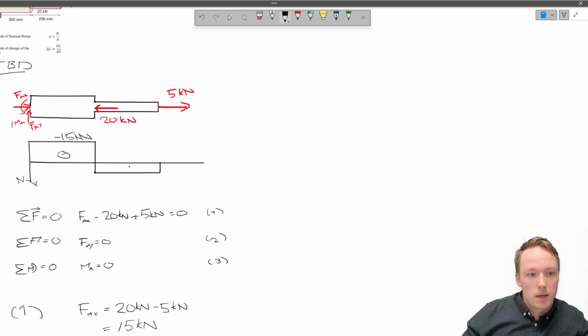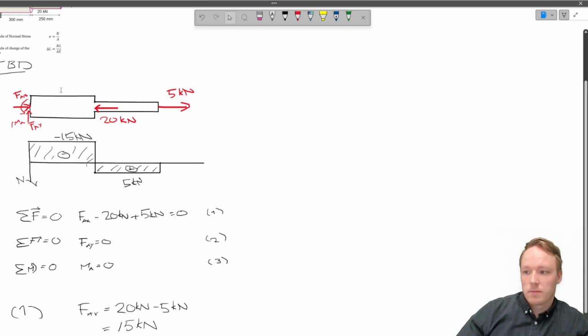And then in here we go to 5. So we can mark here, we are at 5 kilonewtons here, and it's positive. I like to mark it like this, so it's more clear to visualize where the graph goes actually. So now we have done the normal force diagram.